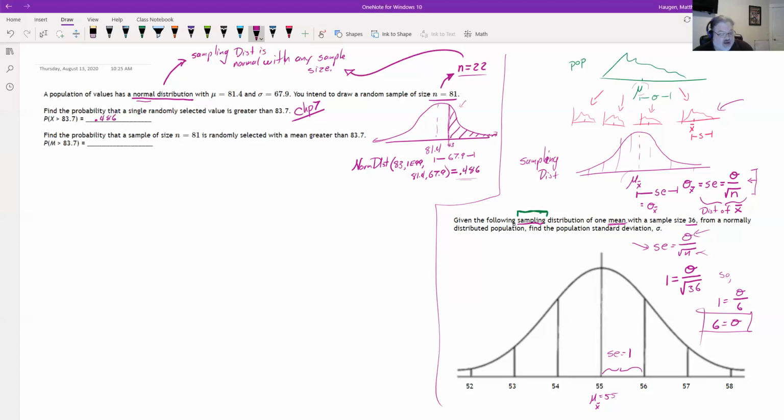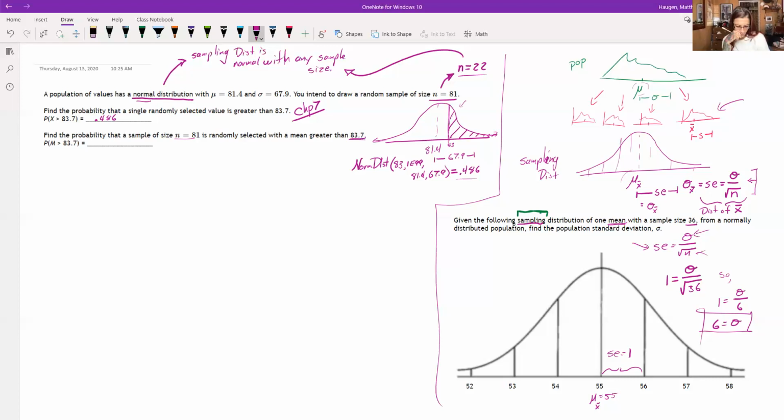But mostly because they want to compare it to our chapter 8 question. We're then asked, find the probability that a sample of size 81 is randomly selected with a mean that's greater than 83.7.